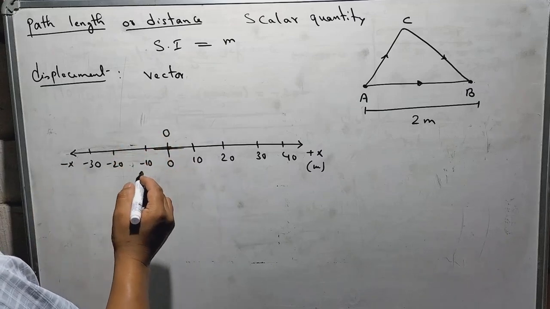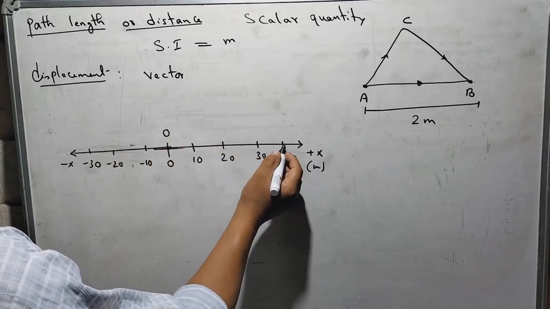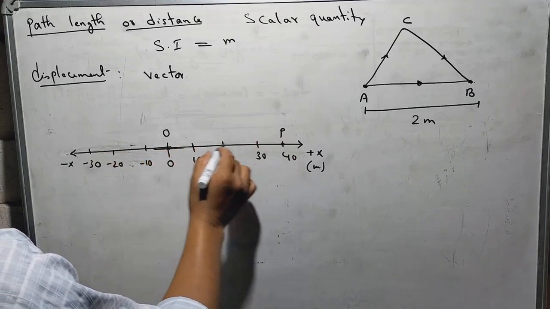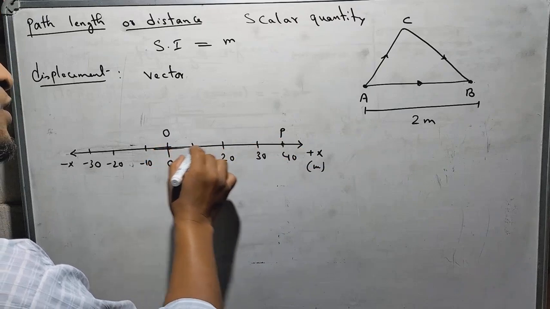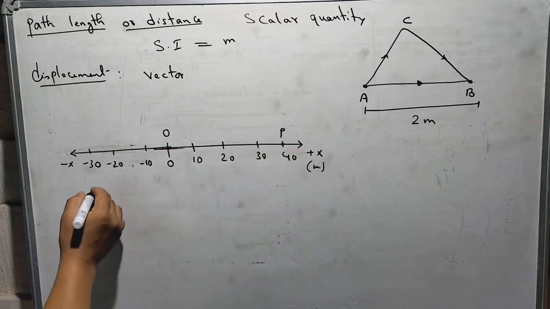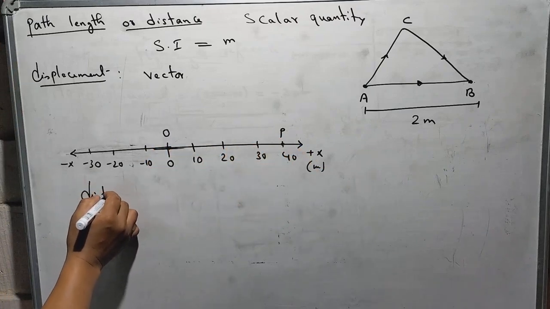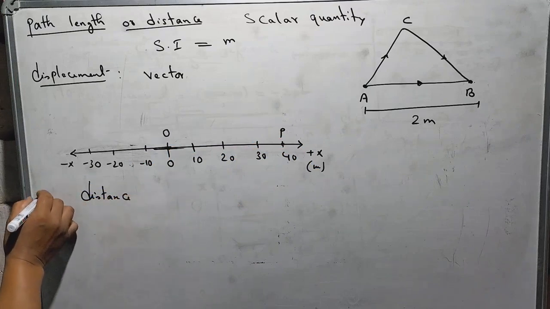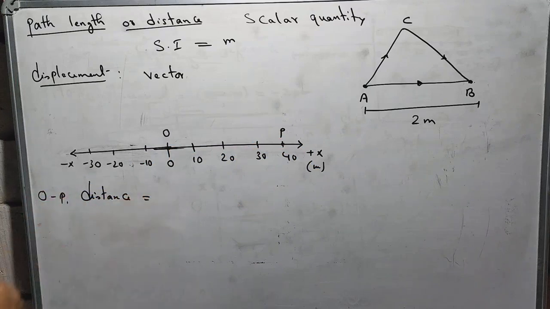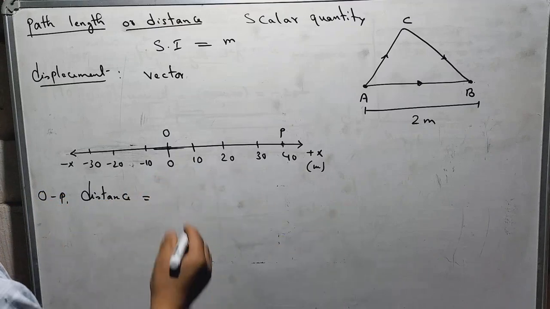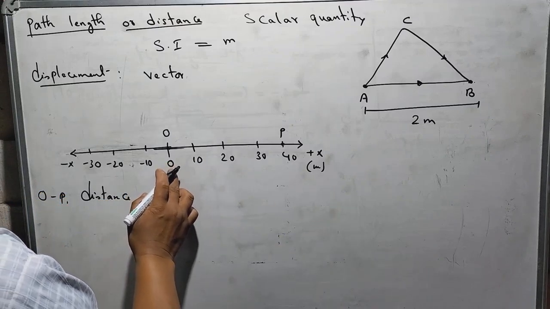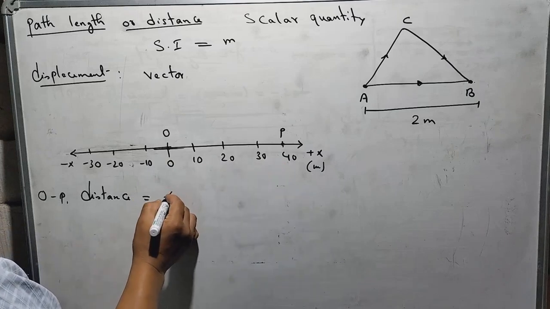And if the object moves from point O, let's say to a point P, along this straight line, then how much is the distance in that case? From O to P, what is the distance? Distance is defined as the actual length. Now the actual length from here to here is equal to 40 meter.